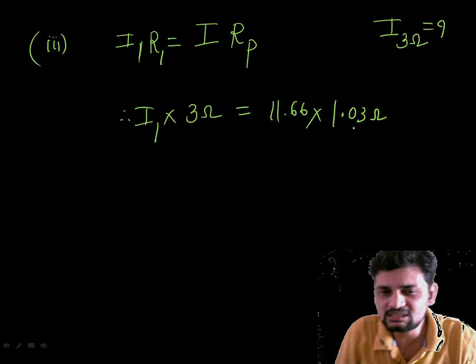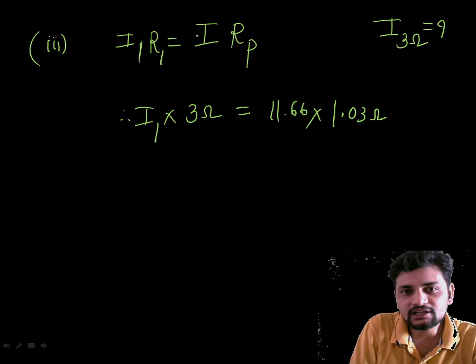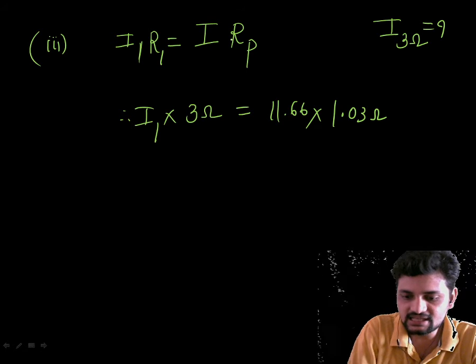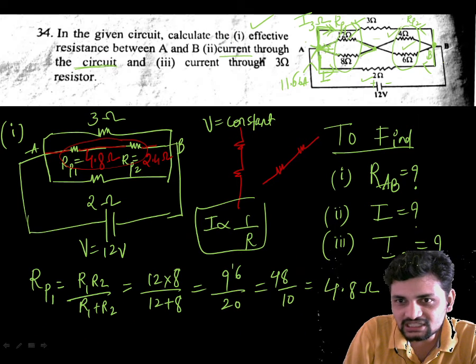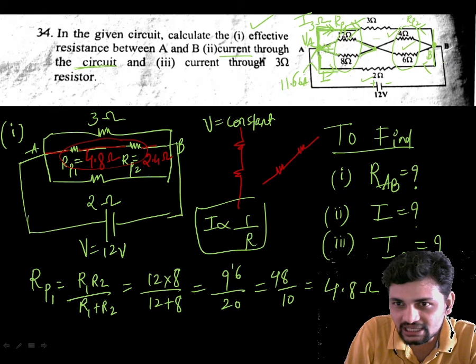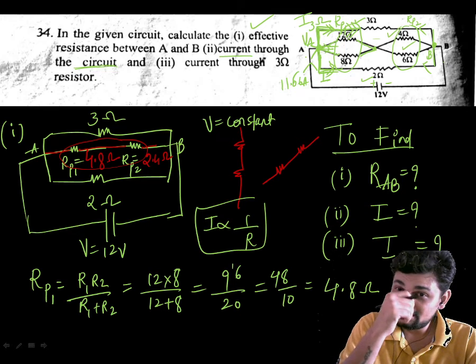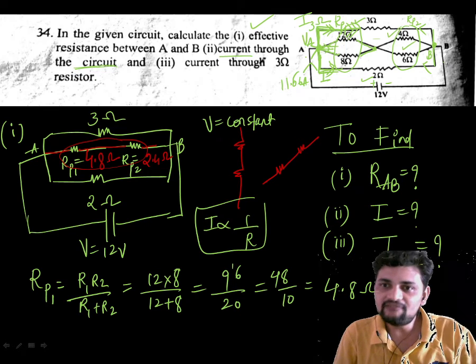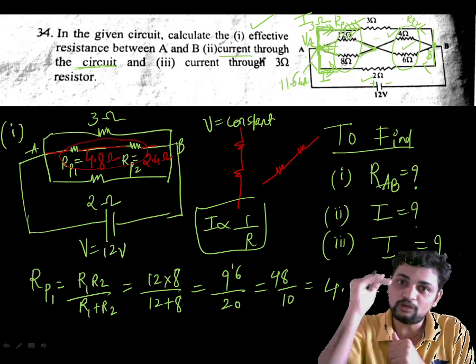So the simple concept I am using here is, whatever total current and total resistance is there, let me show through the circuit diagram. Whatever potential is there at point A, the same potential will be there across 3 ohm, across this particular branch, and across the lower branch as well. Because you might have learnt during derivation, in series current is constant, whereas in parallel potential is constant.